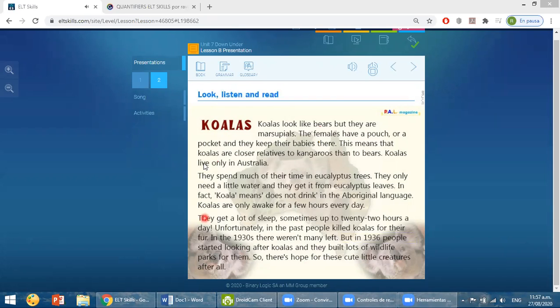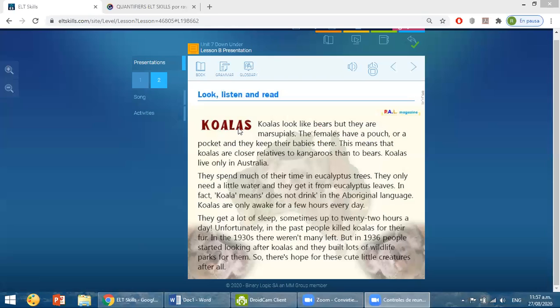Okay, this text is talking about koalas. As you can see, they look like bears, they are similar to bears, but they are marsupials. Okay, the characteristic is they have a pouch, a pocket. This is in the stomach. In this pocket, they keep the babies there. Like kangaroos, the koalas have a pocket too.